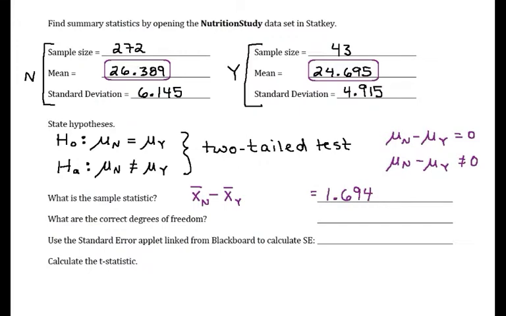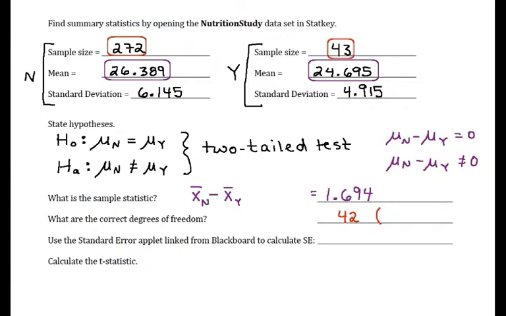The correct degrees of freedom, I can see of my two ends up here, I have a 272 and I have a 43. I'm going to choose the smaller of the two and subtract 1 to get 42 degrees of freedom. It's okay to go ahead and just choose in Table A the closest line.